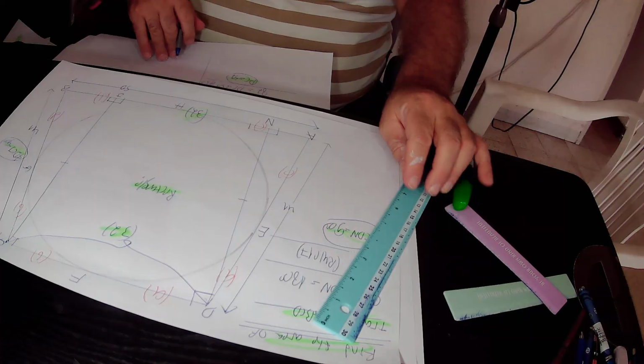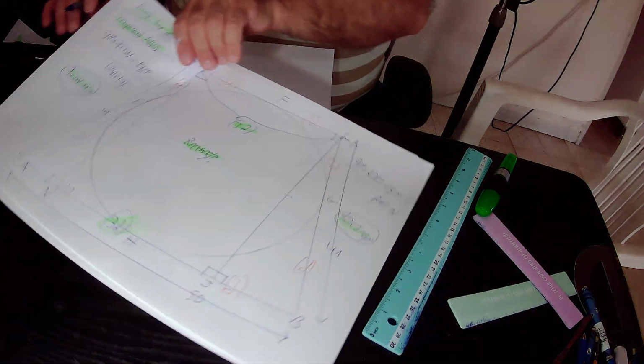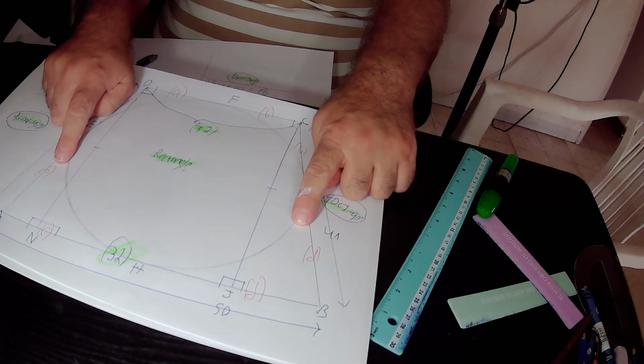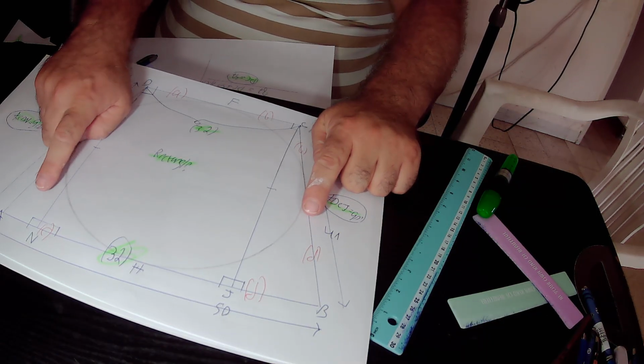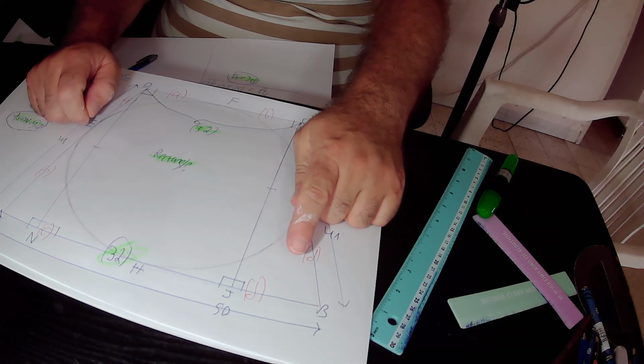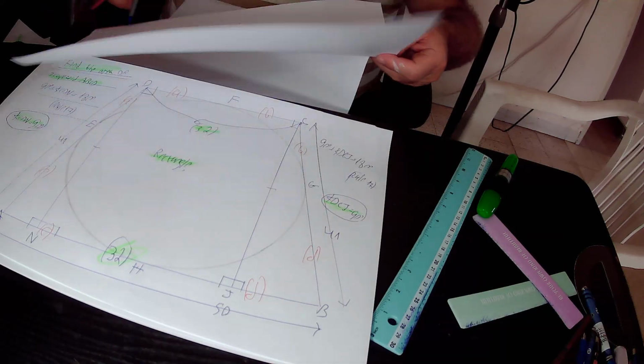And for the fact that those two right triangles are congruent, we derive the following: that AN in the right triangle DNA is equal to JB in the right triangle CJB. So AN equals JB.